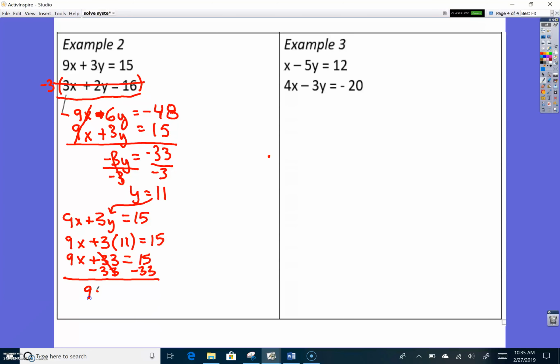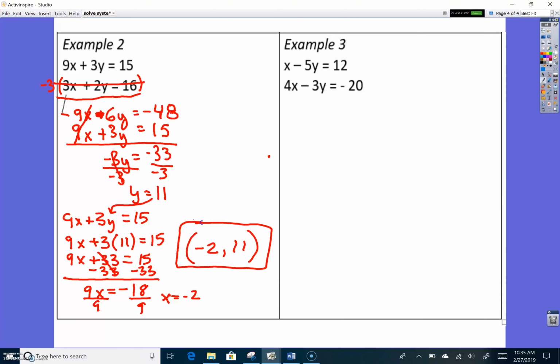Cancel. 9x equals, it looks like negative 18. Divide by 9. X is equal to negative 2. So my answer is negative 2 and my y is 11. Okay? Now I want you to do the next one by yourself.